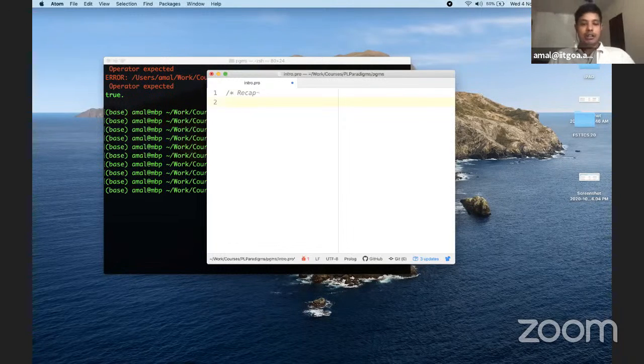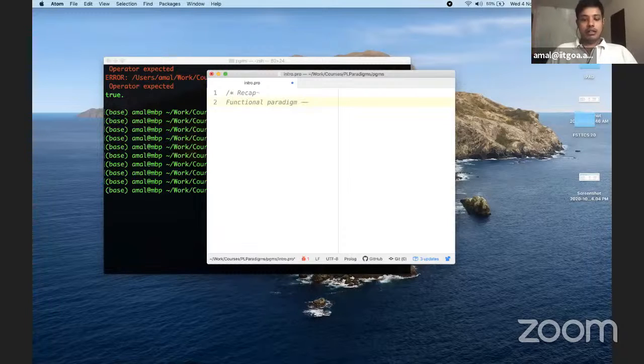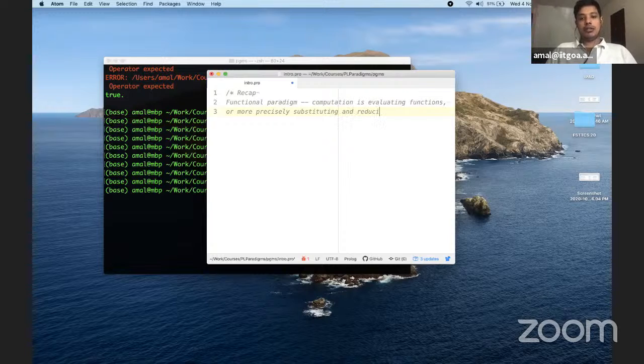We have seen the functional paradigm, in which the idea was that computation, which is a more formal name for programming, is evaluating functions, or more precisely, substituting and reducing expressions.